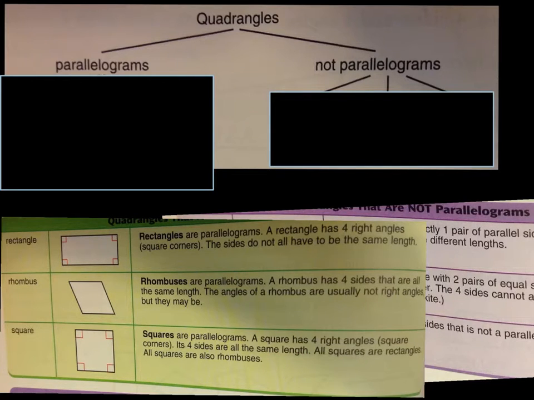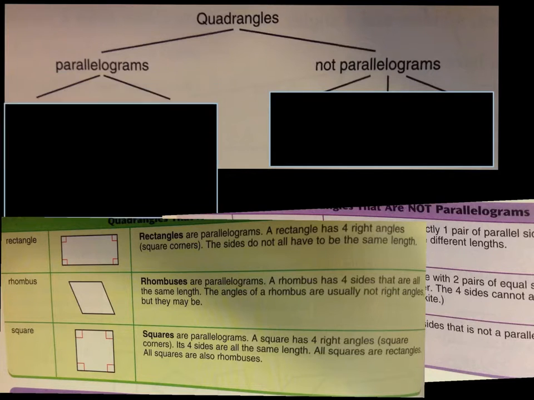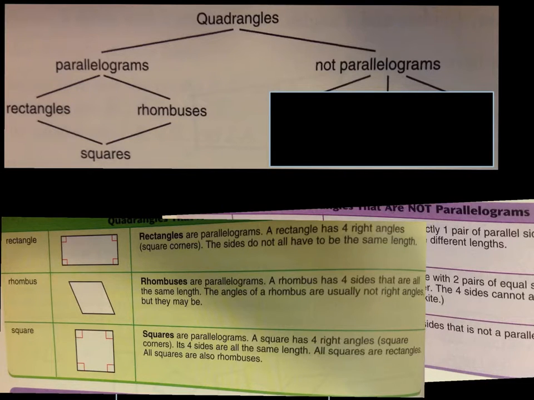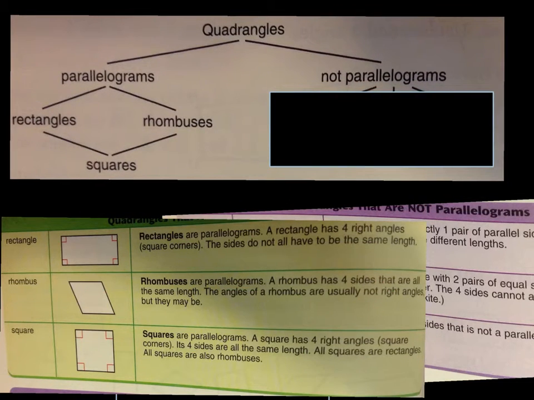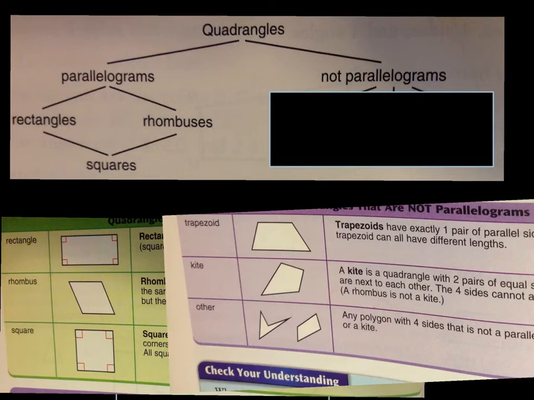Remember this, all squares are rectangles because they all have the properties that rectangles need to have, and squares are also rhombuses because they have the same properties that rhombuses need to have. So we'll take a look up here. The parallelograms are rectangles and rhombuses, and then squares are both rectangles and rhombuses.